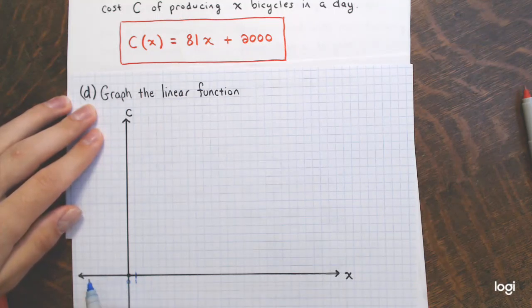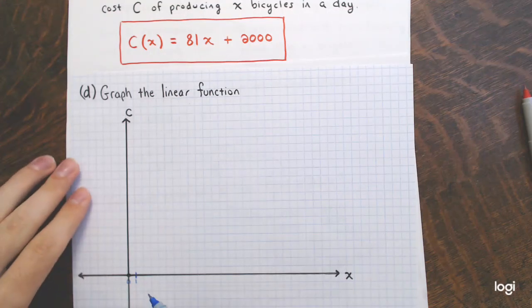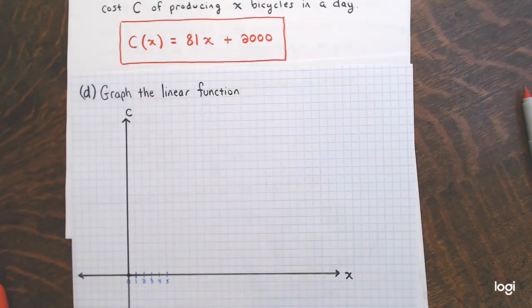It doesn't make any sense to manufacture negative bicycles. What does that even mean? How could you produce -1 bike, -2 bikes? So 0 bicycles is just make nothing. Then 1 bike, 2 bikes, 3 bikes, 4 bikes, etc. So I'm going to have each square on the horizontal axis represent 1 bicycle.